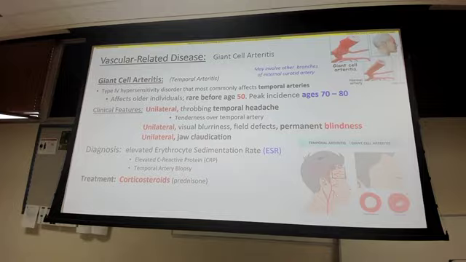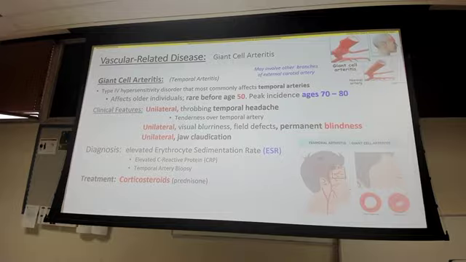When they come together, what's the word I'm looking for? Congregate? Actually, combine. Yeah, fuse. When they fuse, they develop these things called giant cells. So that's why this is called giant cell arteritis, because if you take a biopsy of the temporal artery, you're going to see these giant cells. And all that is just these macrophages that fuse together.